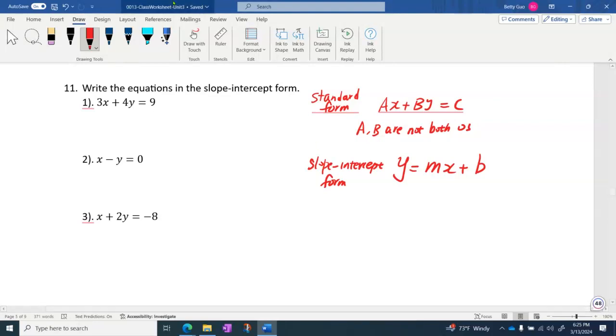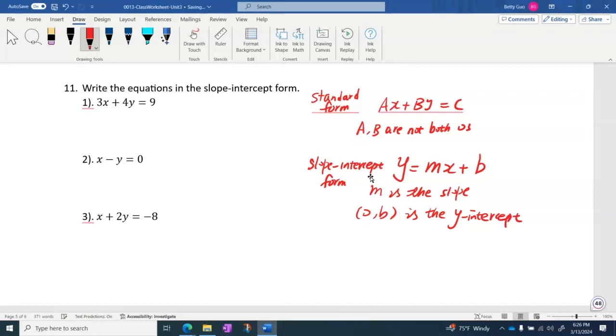X and y in this equation are the 2 variables. And what about m and b? M is the slope. On the right side of the equation, the coefficient of x is the slope of the line. And b is the y-intercept, where (0, b) is the y-intercept of the line.